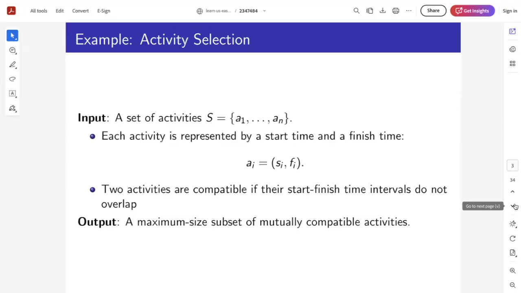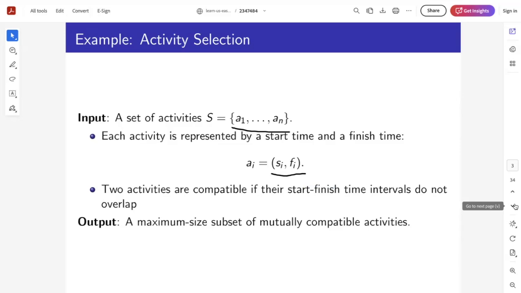The example we're looking at is activity selection. Suppose we have the following input, which is a set of activities. We're going to write it as A1 to AN. So we have N activities, and each activity is represented by a start time and a finish time. We can represent it as a pair.